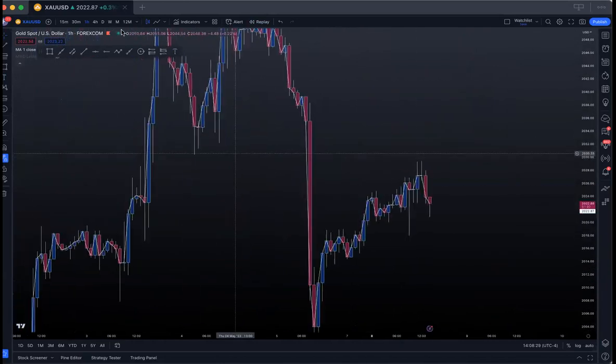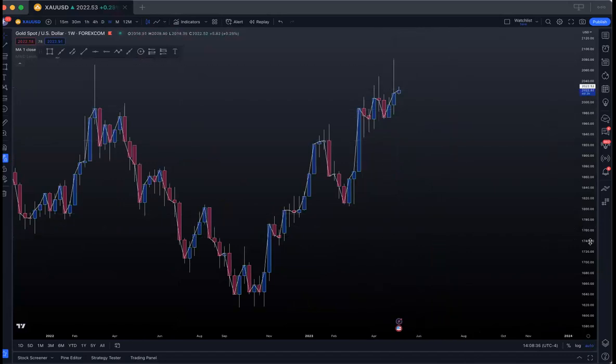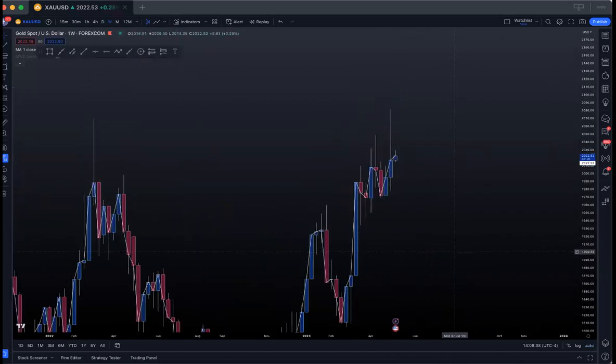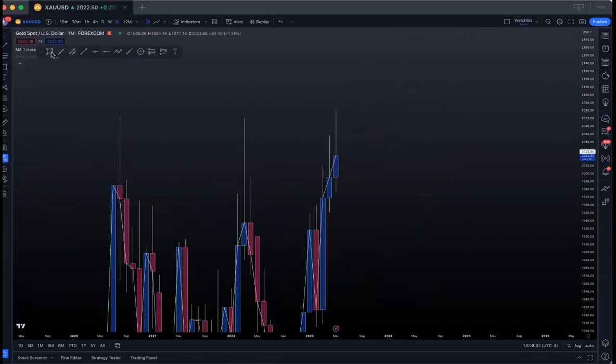Very quickly, what's going on here? So basically, for my logic of this trade, or idea of bullishness, there's a couple of monthly breakouts right here.